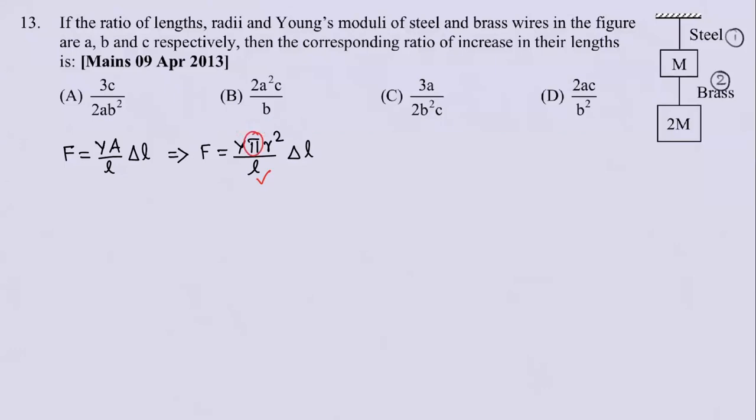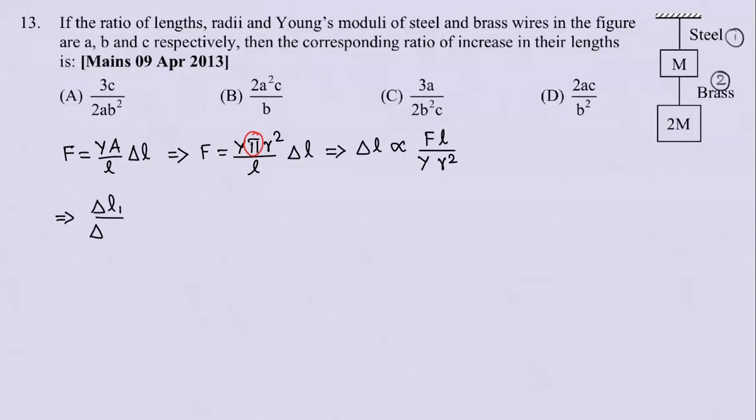We know completely about the equation. If I write the proportionality equation, delta L is directly proportional to F into L by Y into r square. Good. That's it.